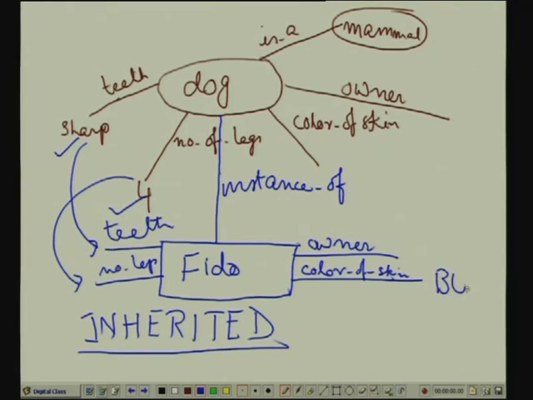If I can infer many things and yet I need not explicitly specify it all the time, then obviously it is an advantage. That is, I am specifying less, but I can infer more. That is the economy of representation, and that is always attractive. Okay.